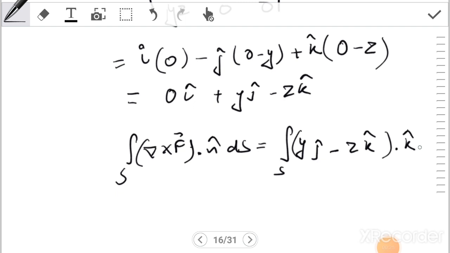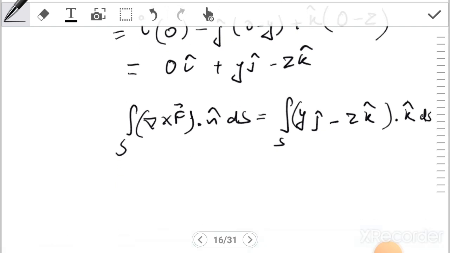So k cap ds. So again, y j cap dot k j cap dot k cap is, since the angle is 90 degrees, cos 90 is 0.